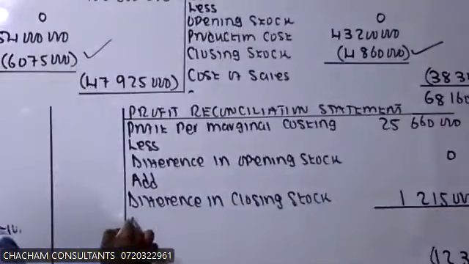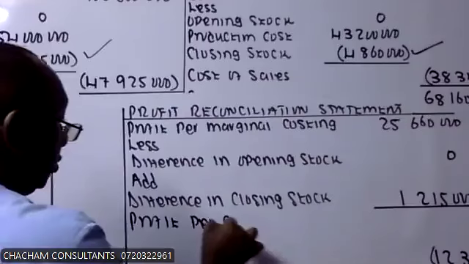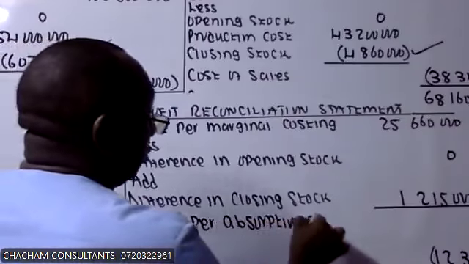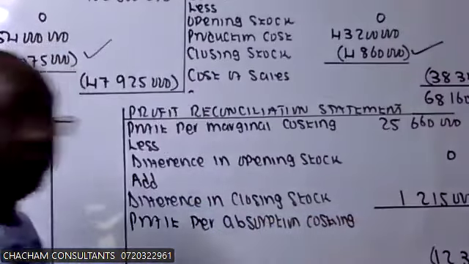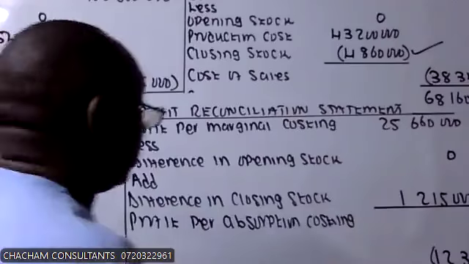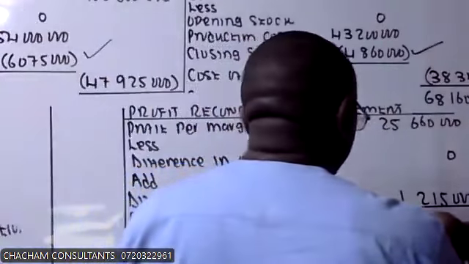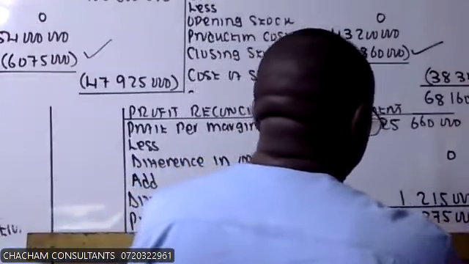When you do that, you now get profit per absorption costing, which you had gotten here as 26,875,000.